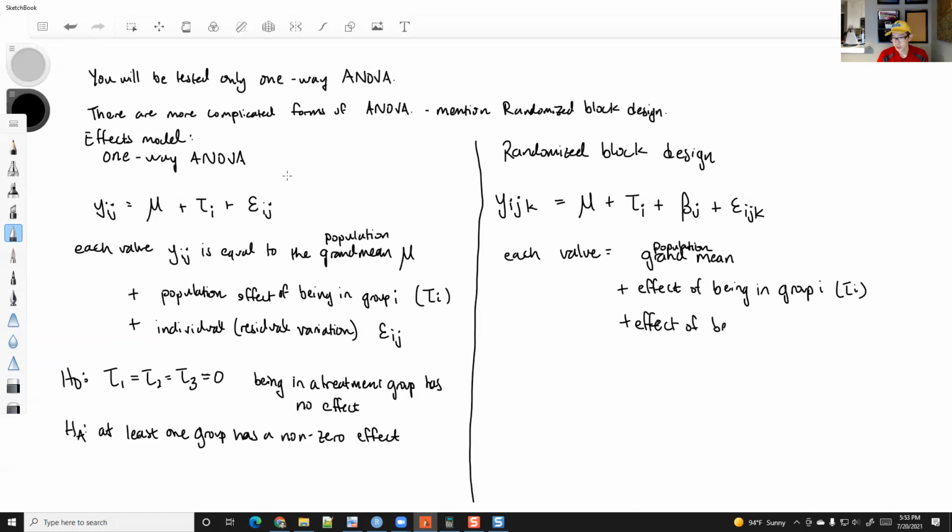So you have two groupings, being in block j, that's beta j, plus individual variation.